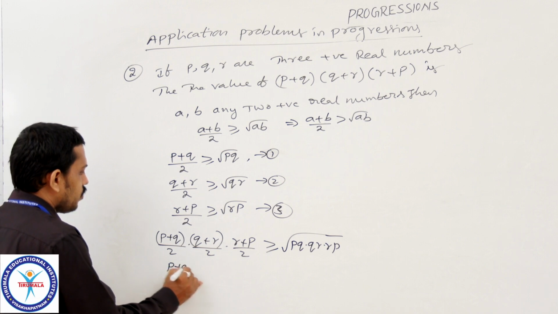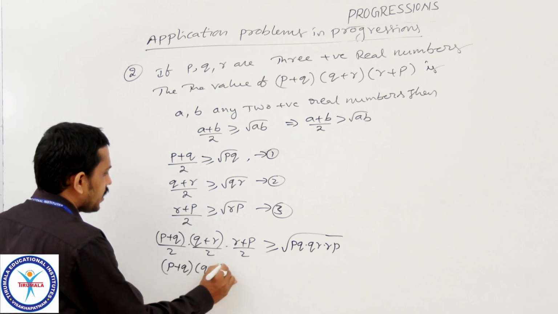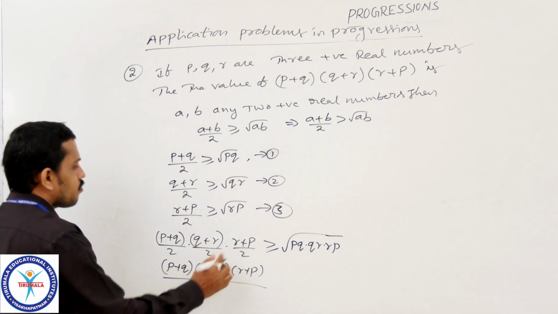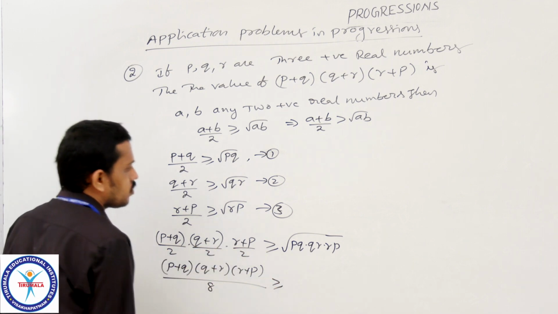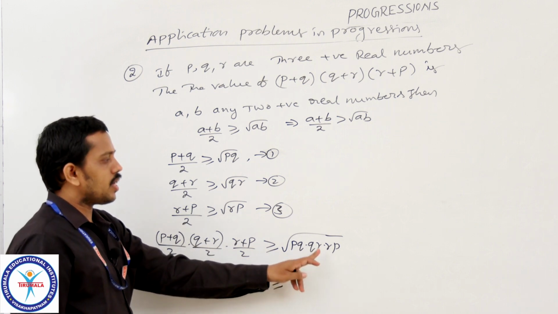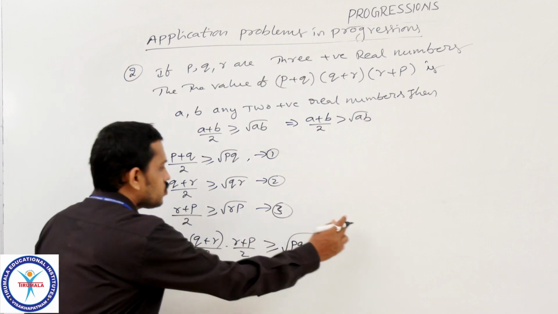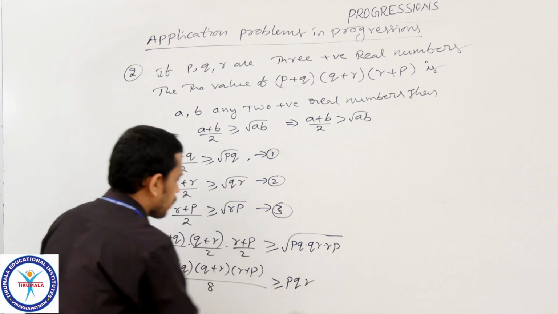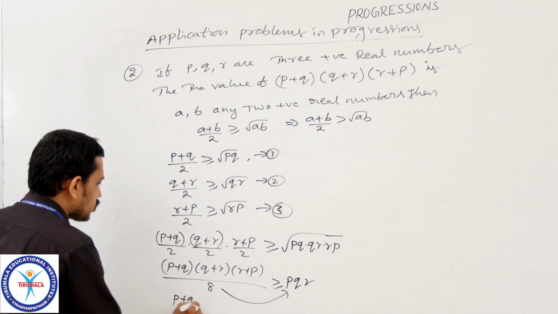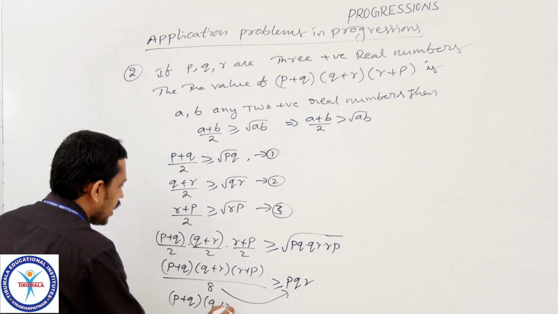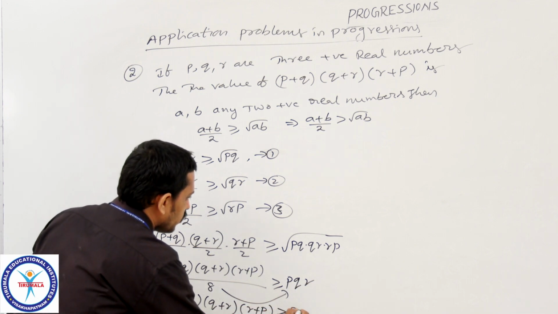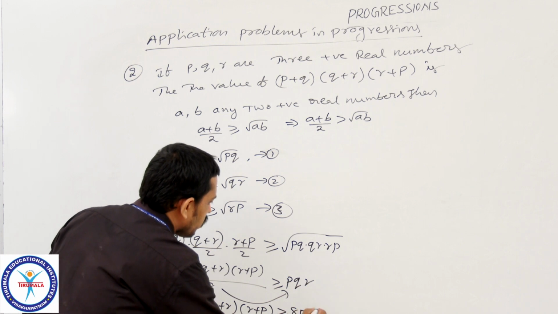Here (p + q)(q + r)(r + p) by 2 into 2 into 2, that is 8, is greater than or equal to p into p, p square, q square, r square, whose root value is pqr. By taking 8 to the right side, (p + q)(q + r)(r + p) is always greater than or equal to 8pqr.